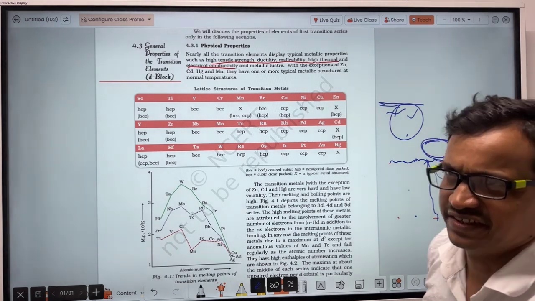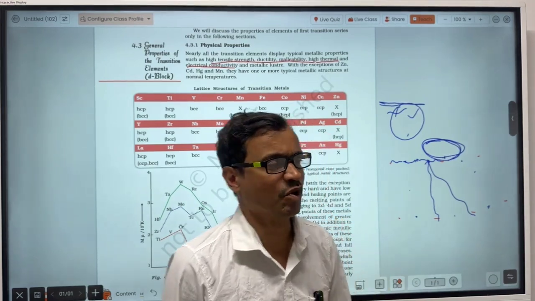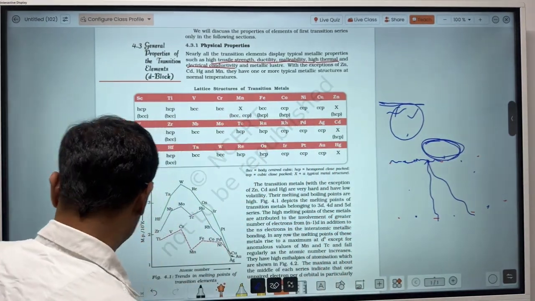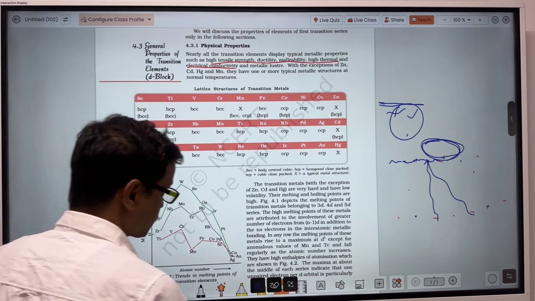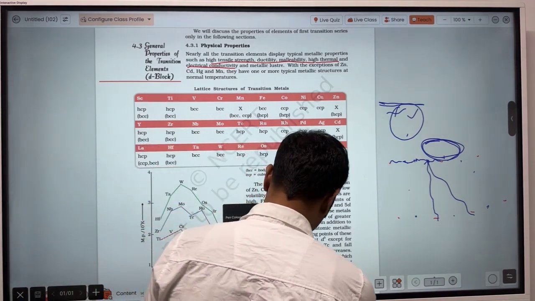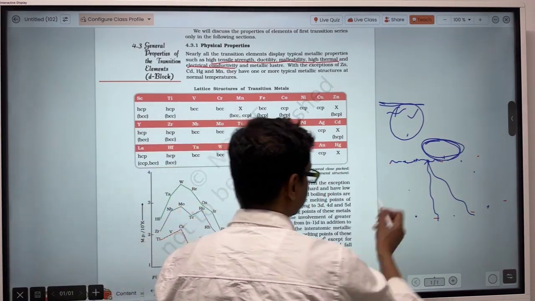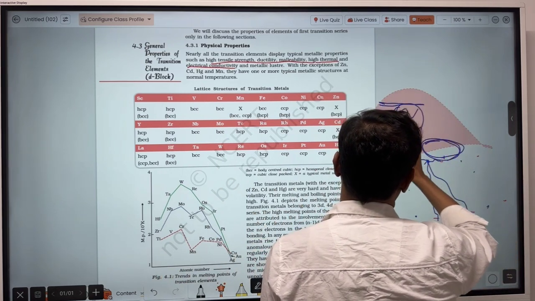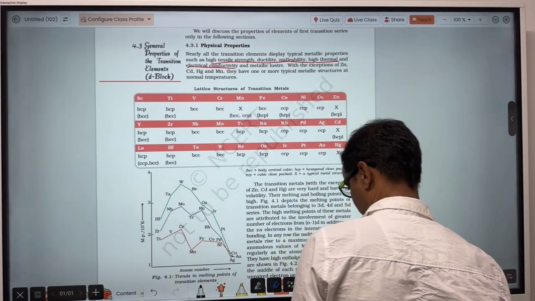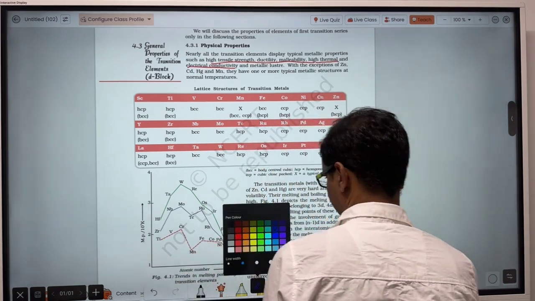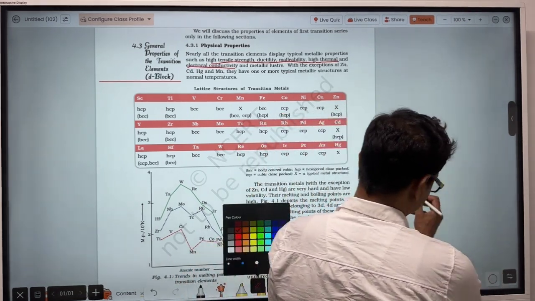In the same way, there is metallic bonding. Just watch out, firstly we take iron. What happens?